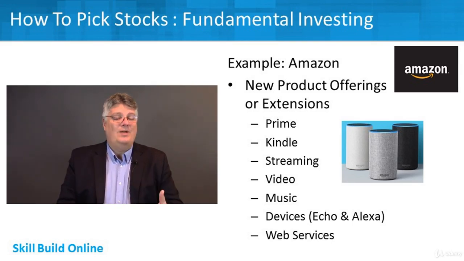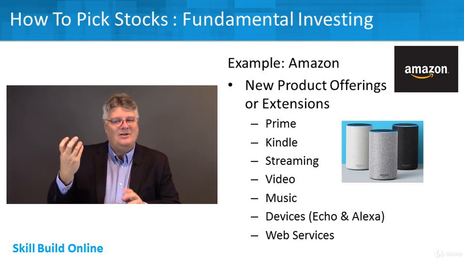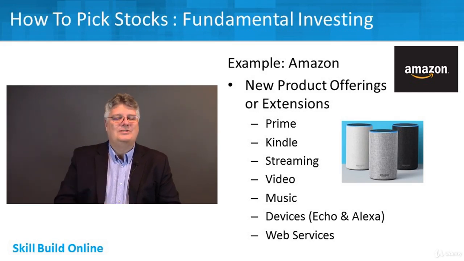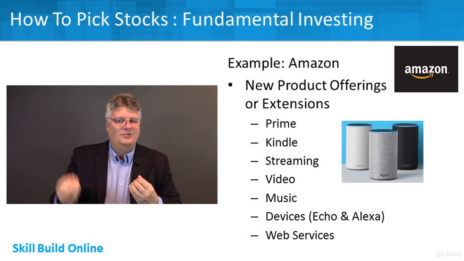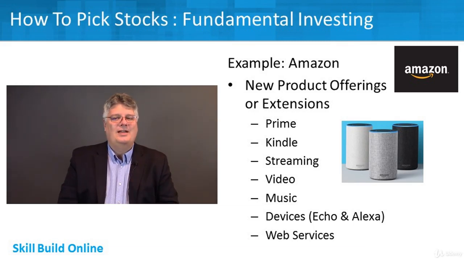And then you have Amazon Web Services, where they provide web support and web services to other companies. So they really branched out that way too, using their expertise in that technology and web design and web services and transactional services, and using that to make another revenue stream for them as well.